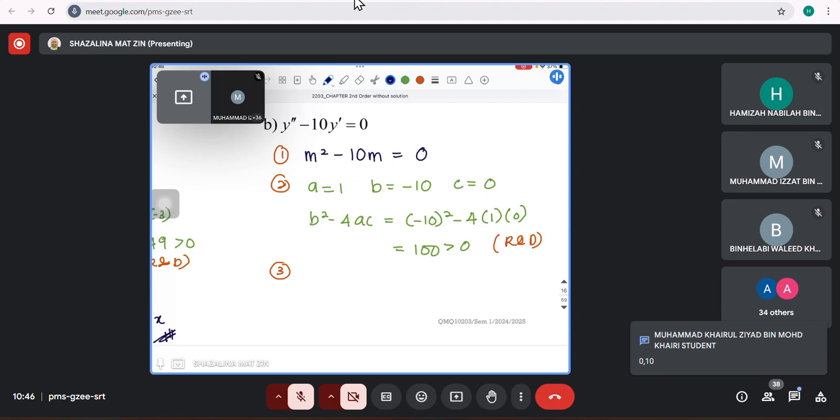Khairul, Z 010, correct? M1 is equals to 0, M2 is equals to 10.